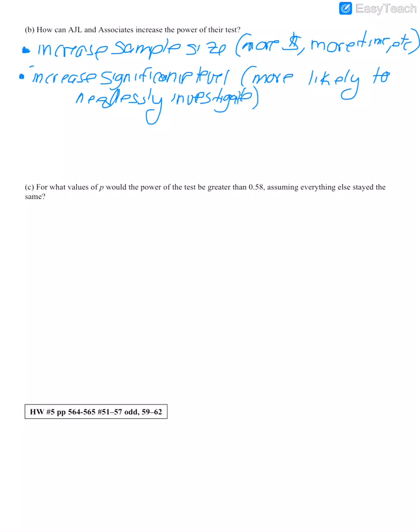All right, and then another thing that you can do to increase the power is maybe use a stratified sample. Okay, and what this does is it decreases variability.